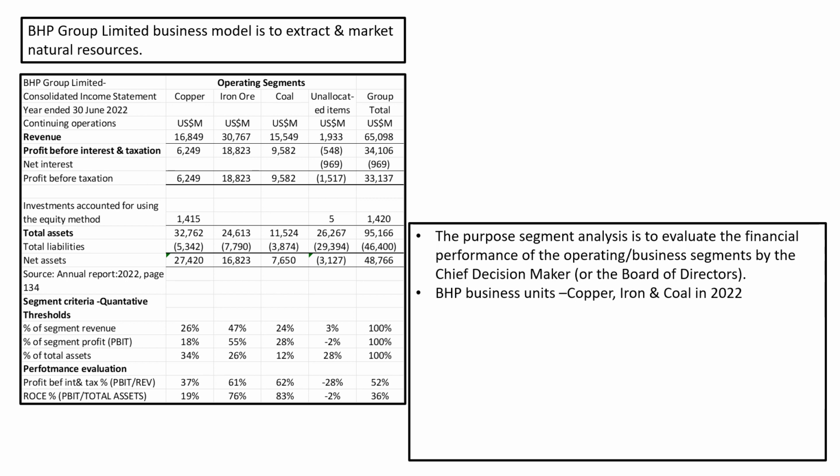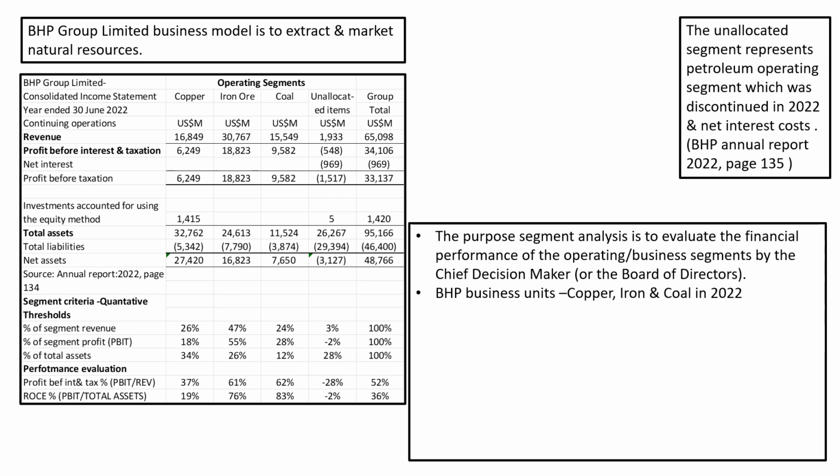In 2022, there is a section called unallocated items, and this represents the petroleum segment, which was discontinued in 2022. It also includes net interest costs, which have not been allocated to the respective business units.